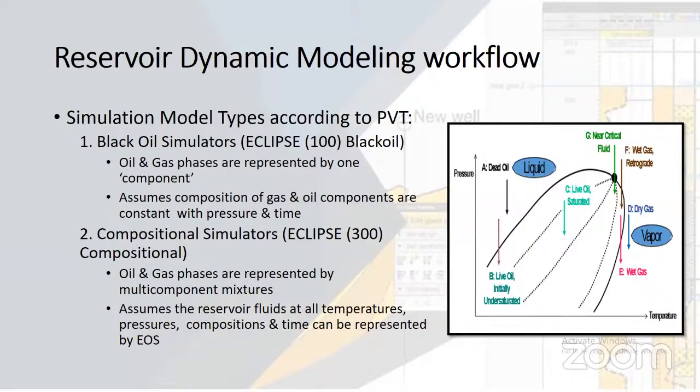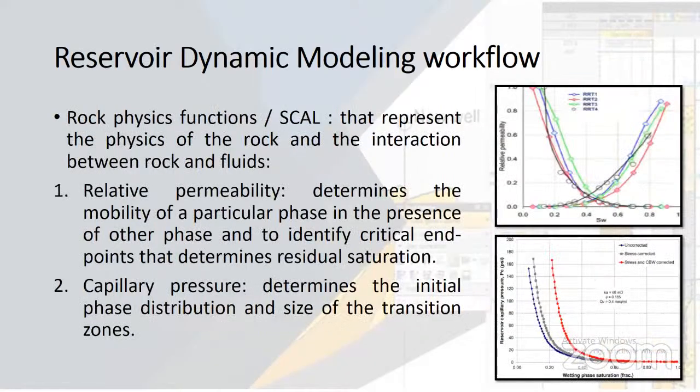Also, you should adjust the PVT data, the Bo and the Rs values, according to the production facilities that you have in the oil field. For the SCAL data, like the relative permeability and the capillary pressure, for the relative permeability you should do normalization and denormalization.